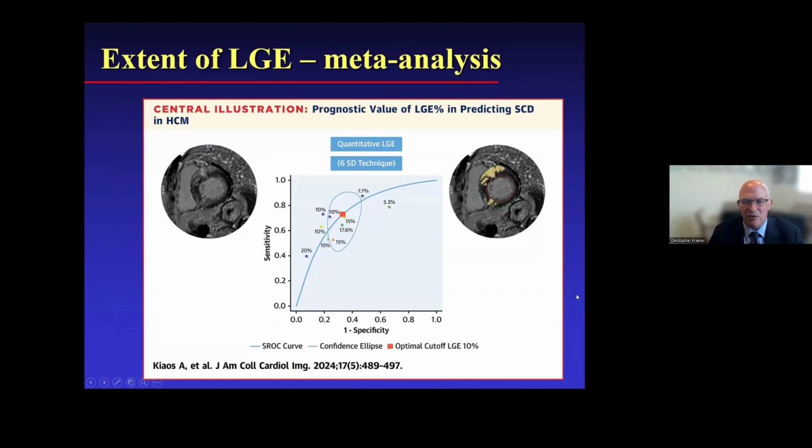Your eye does very well at picking out bright replacement fibrosis and differentiating that from gray, lacy interstitial fibrosis. But the visual approach agrees very well, as published, with the 6 standard deviation technique, measuring any signal that's more than 6 standard deviations above the noise in a normal segment.